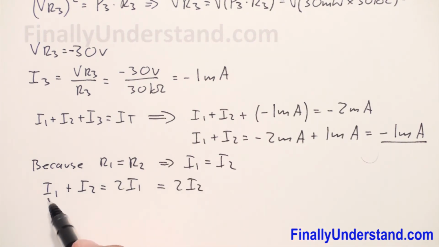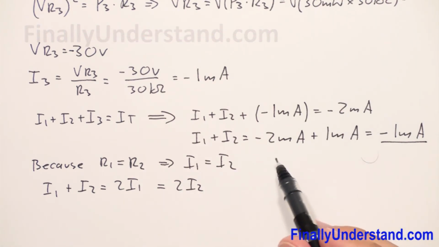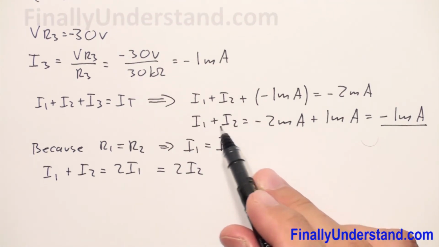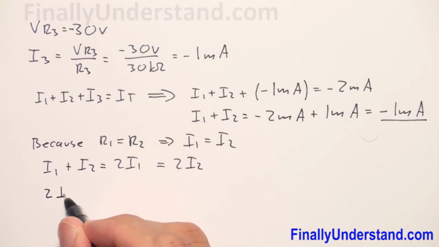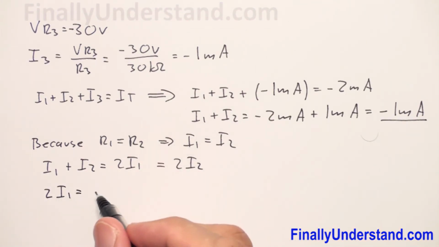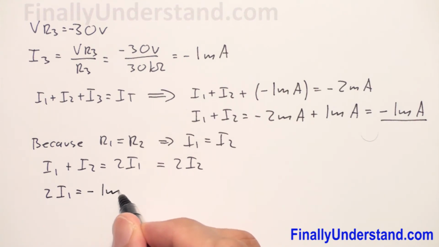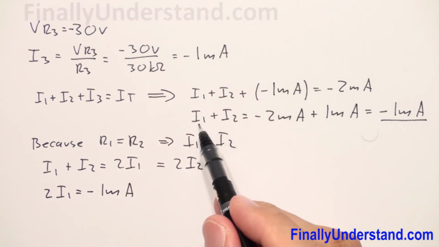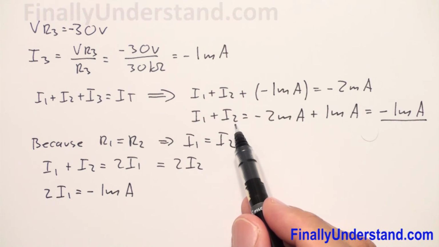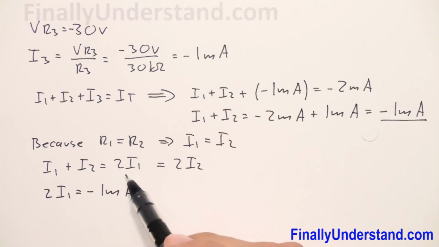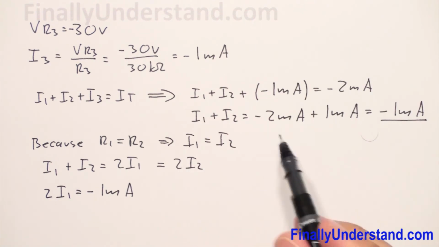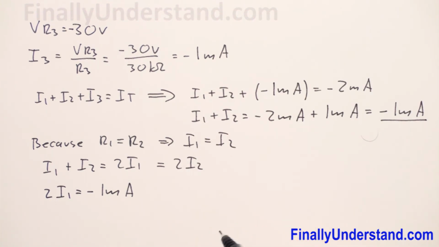This is the same thing because the values of these currents are the same. I can rewrite this equation as 2 times I1 is equal to negative 1 milliamp. Instead of I1 plus I2, I simply write 2 times I1 or 2 times I2. It doesn't matter which one you use because these two currents are identical.